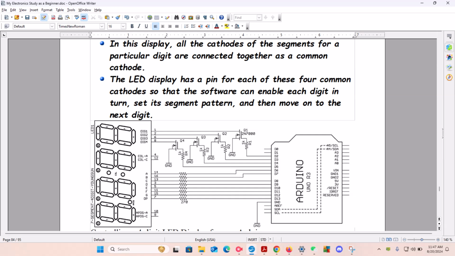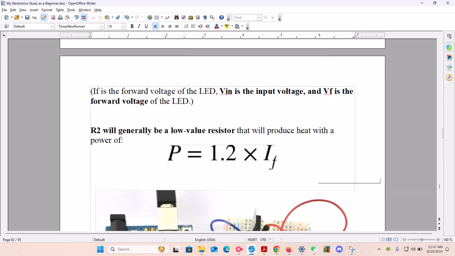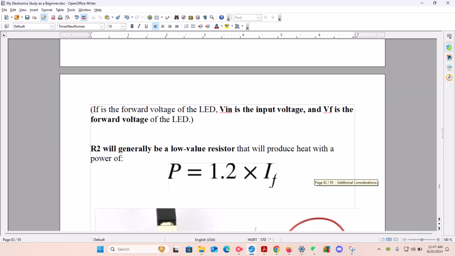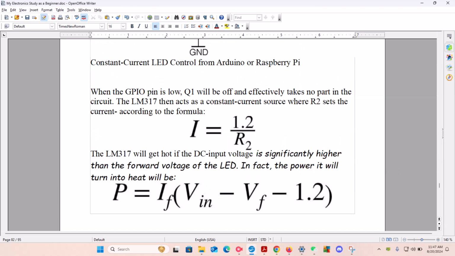So for each one of these A, B, C, D, and so on for our LED display, remember each one has its own current flow going in, and then the logical part goes to the chip, the Arduino chip, that will regulate this logically. Remember, just as a reminder, we have to calculate our power, so the power will equal 1.2 times our current, which is denoted as capital I lowercase f, in terms of it going forward.